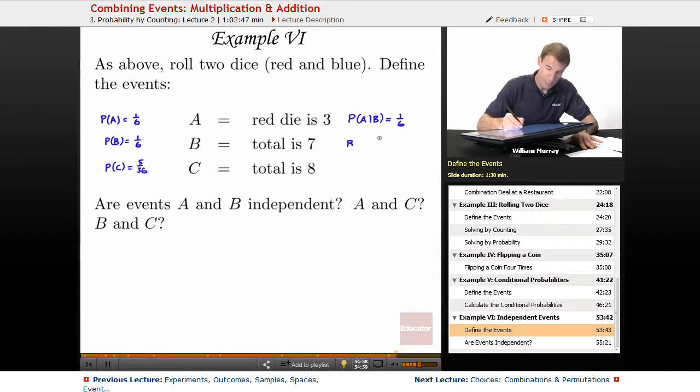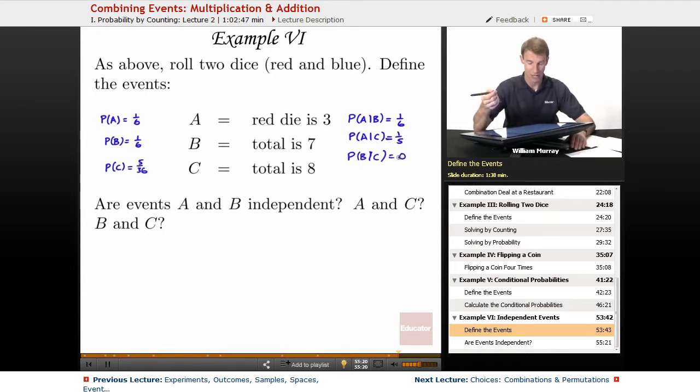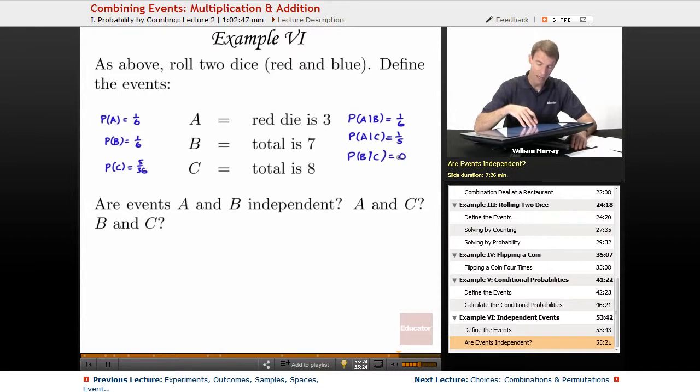The probability of A given C, I'm skipping ahead to the ones we're actually going to be using, turned out to be 1/5. And the probability of B given C, because those were disjoint events, turned out to be 0 because they can't both happen at the same time. So now we're being asked, are events A and B independent? What about A and C? And what about B and C?